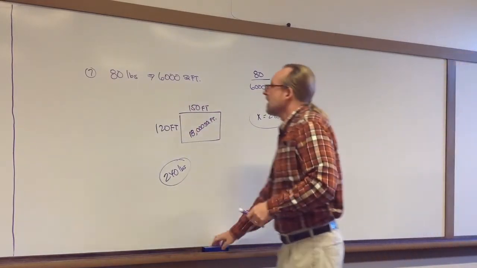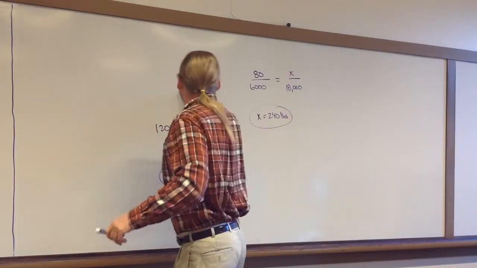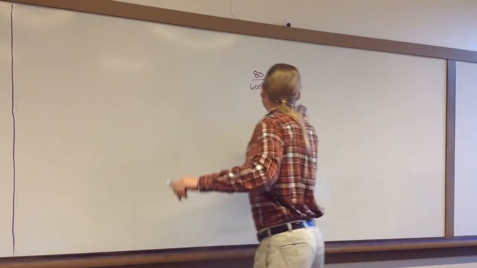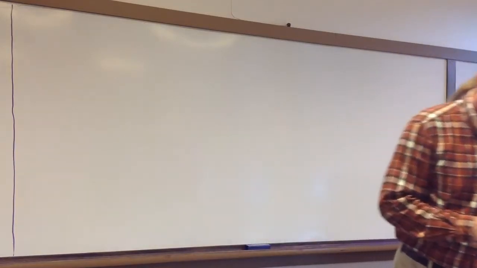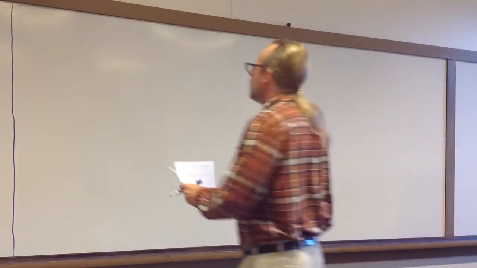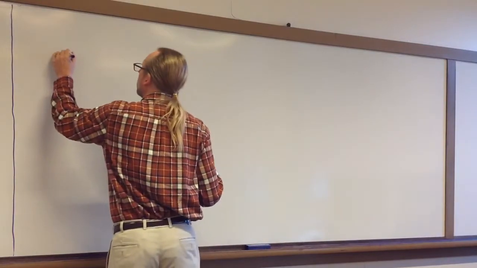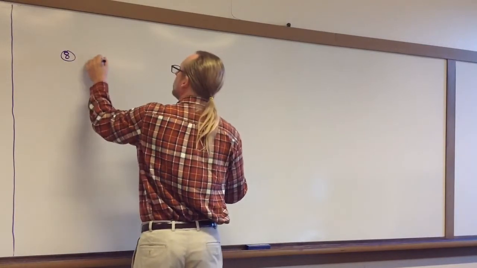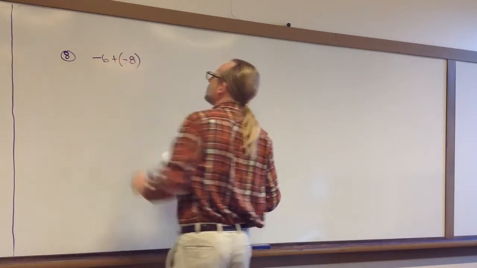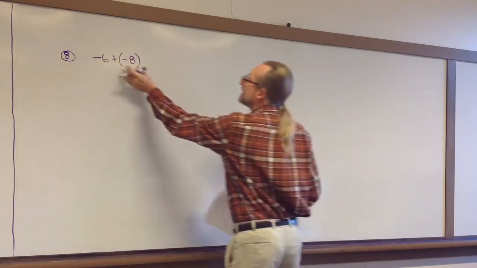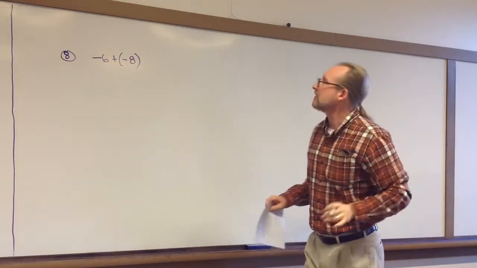Okay, now we get to the section with the positives and negatives. So, problem 8. -6 plus -8. So I like to restate this with just a single sign.